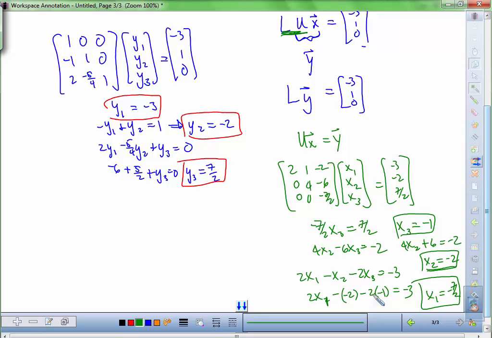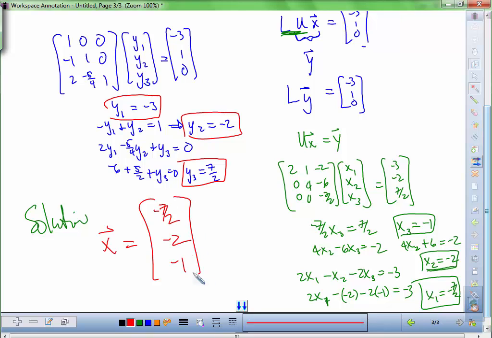A little bit easier. So your solution is going to be the x vector, and that is negative 7 halves, -2, and -1. Okay, that came from this.